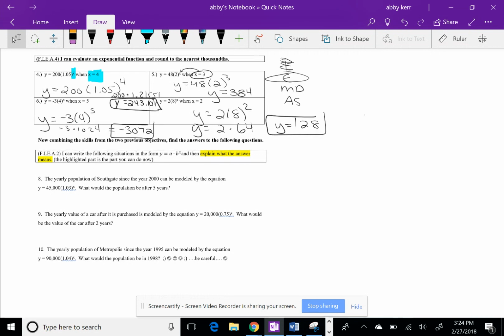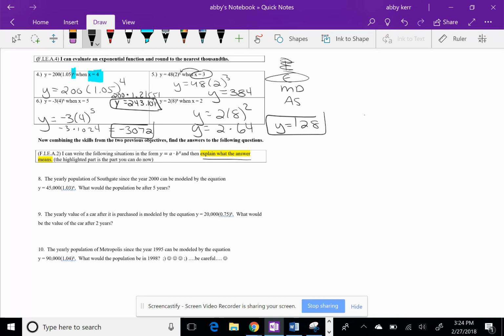Now, the third objective, we can do part of with the knowledge that you have. So it says, now combining the skills from the 2 previous objectives, find the answers to the following questions. So eventually you'll be able to write your own equation. However, you don't have that information set yet.